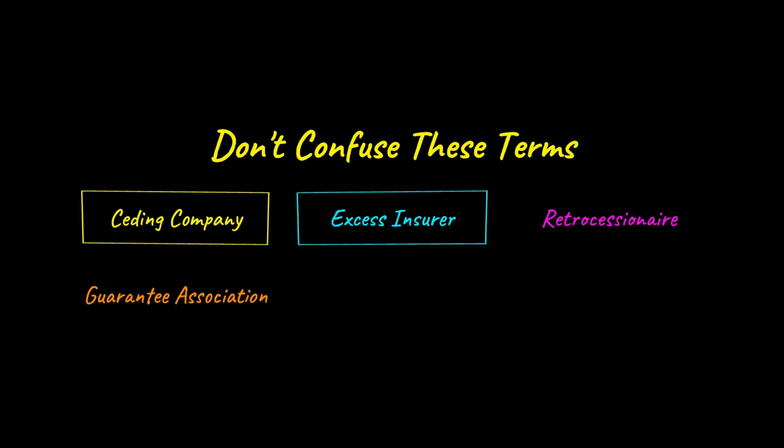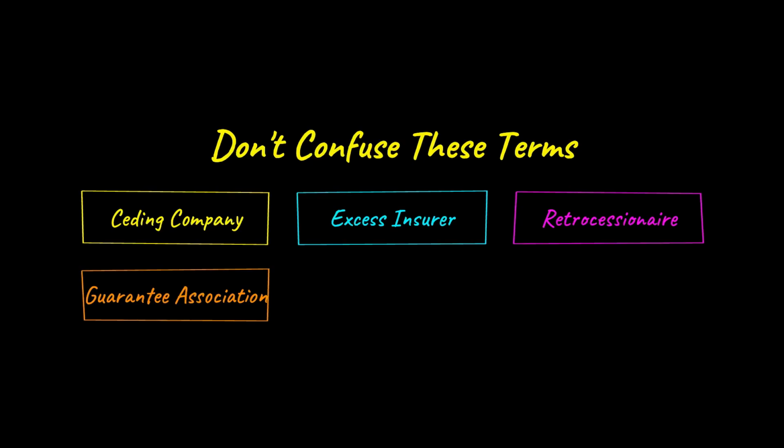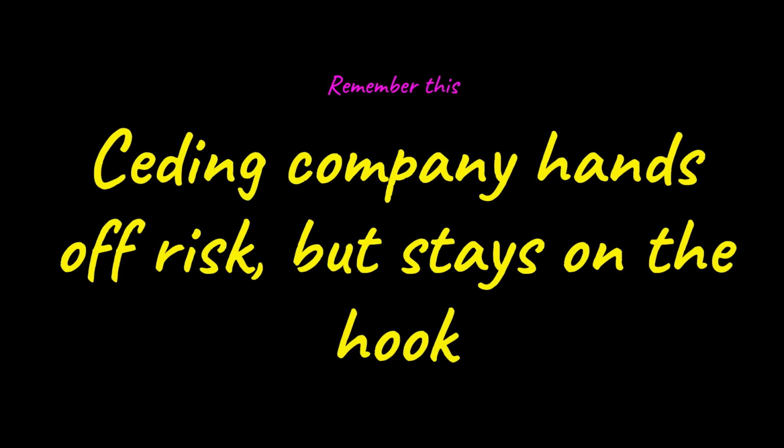A retrocessionaire accepts risk a reinsurer itself passes along one step further down the chain. The Guarantee Association is a state safety net for insolvent insurers, not part of a reinsurance deal. The ceding company is the primary insurer that transfers part of its risk to a reinsurer, and it remains fully responsible to its own policyholders no matter how much risk it reinsures.